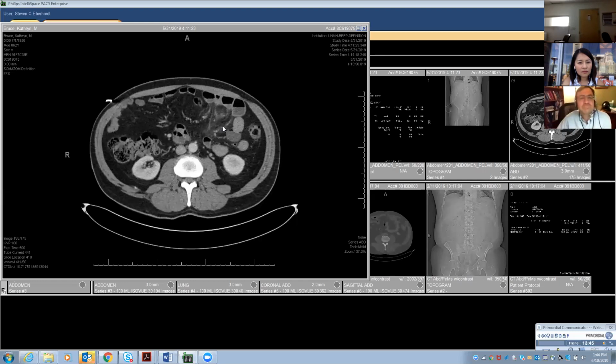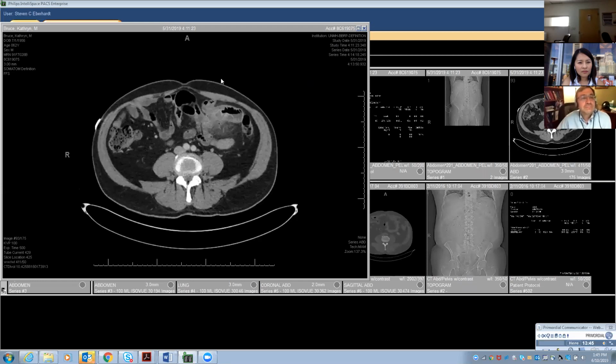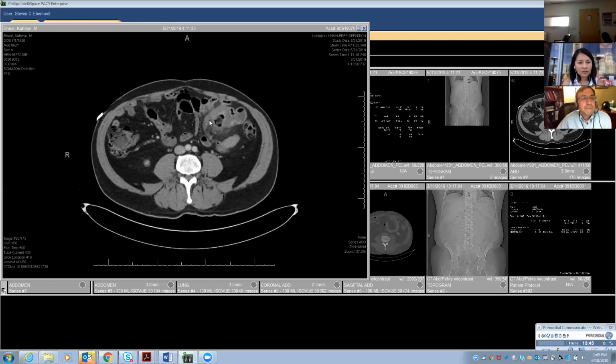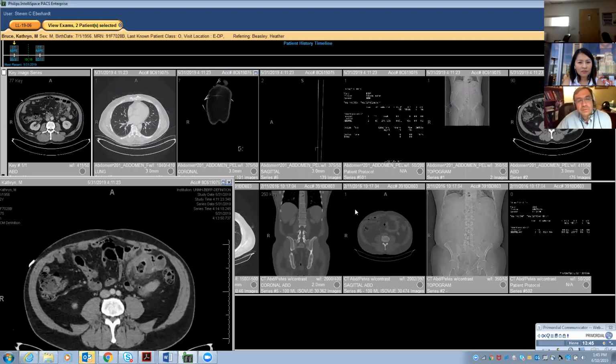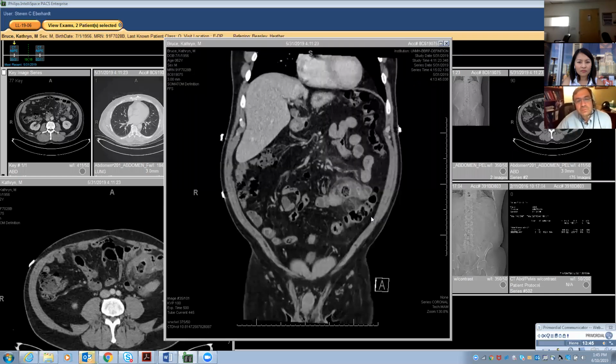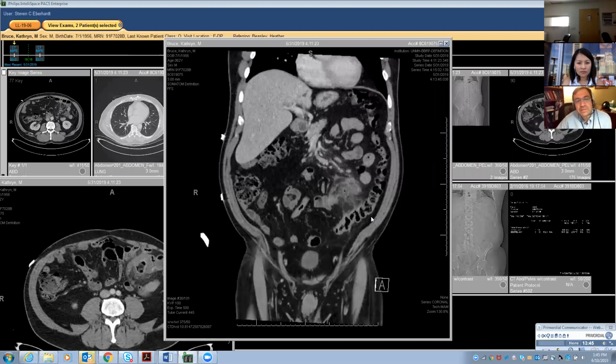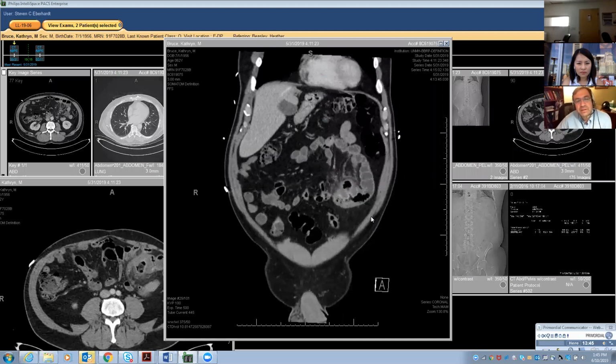Maybe I'll show you that in coronal as well. Here it is in the coronal. That's a pretty nice image there of a lumen.